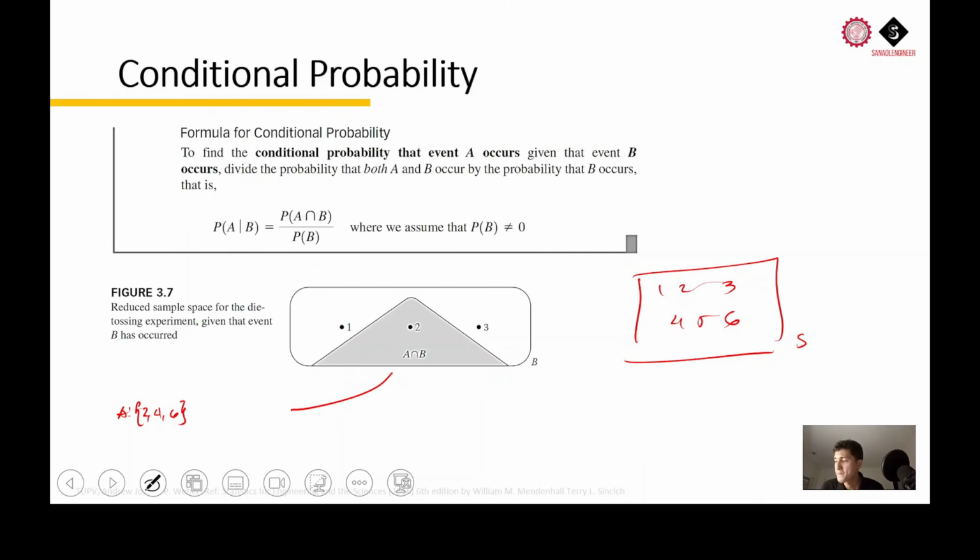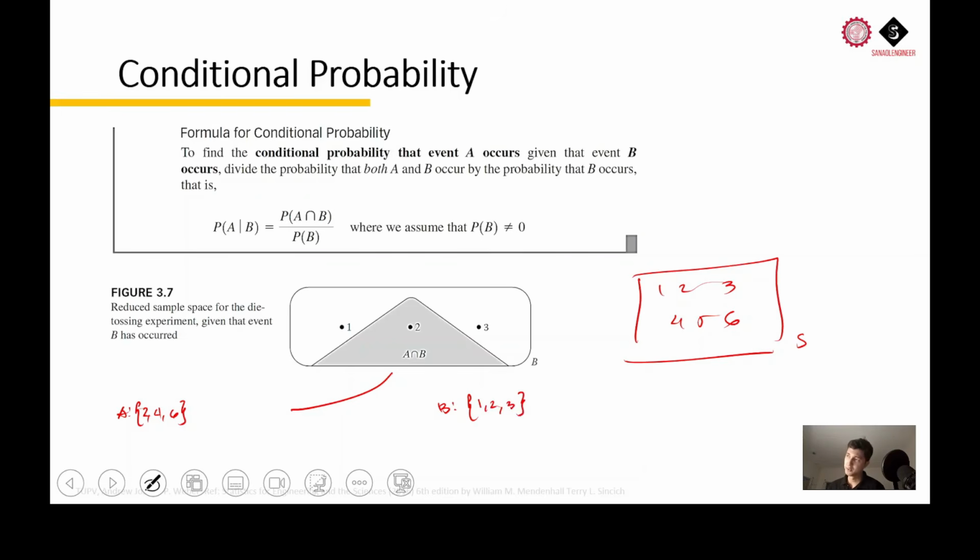But for instance, you were given an information that on a particular throw of the die, you were told that the outcome is equal or less than 3. Okay, so that's the event B, equal or less than 3. So those simple events are 1, 2, and 3.